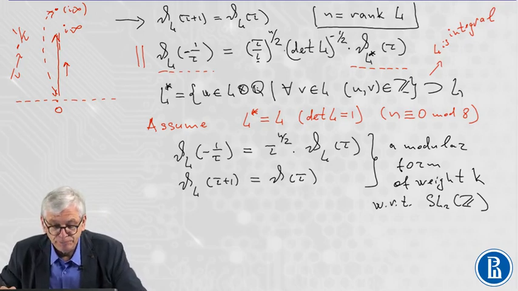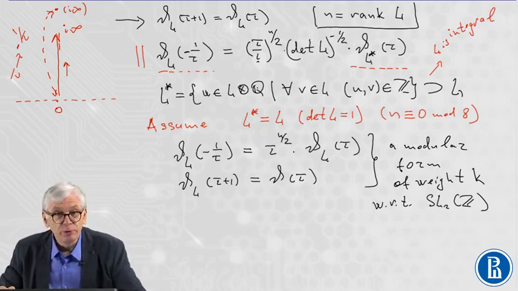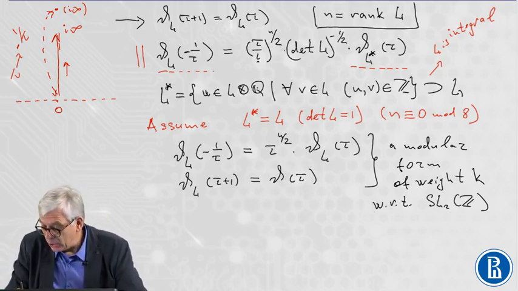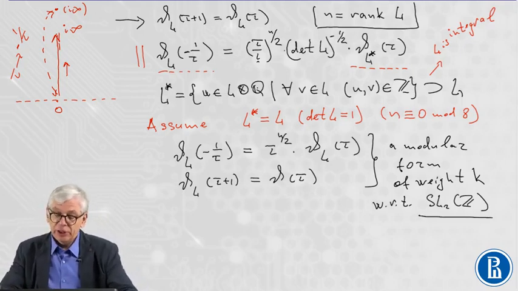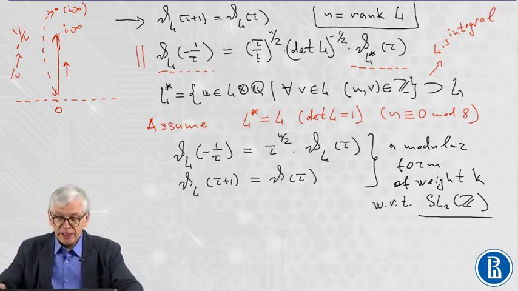So the question which you can put immediately: why do we have the group SL2Z here, which we usually call the modular group? The explanation is very simple.